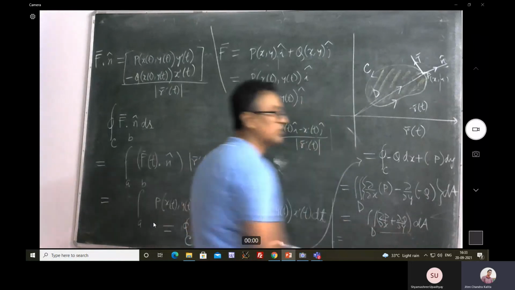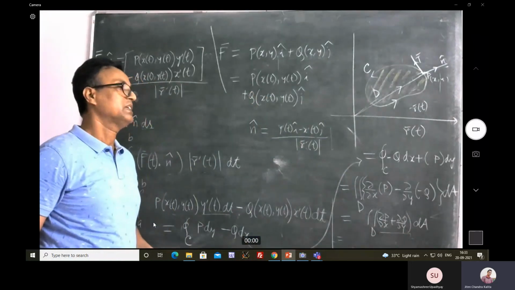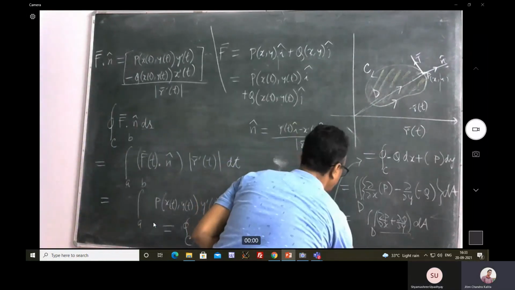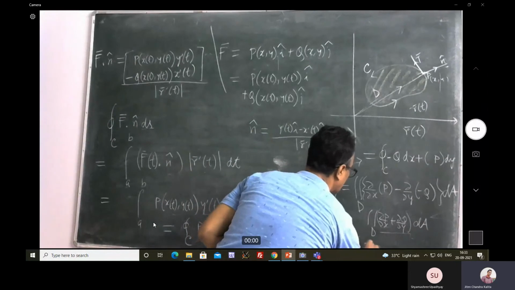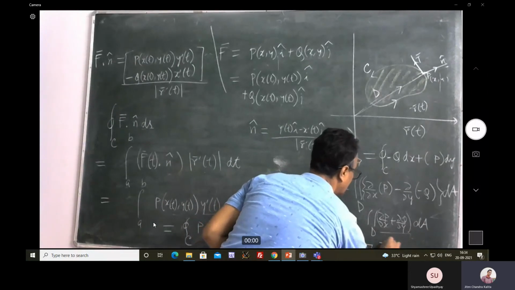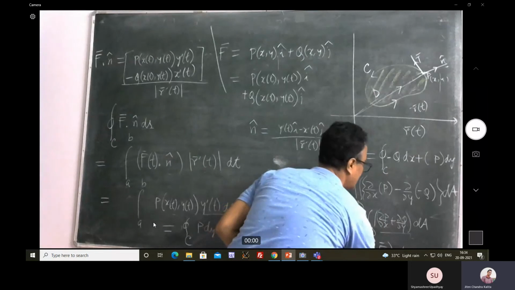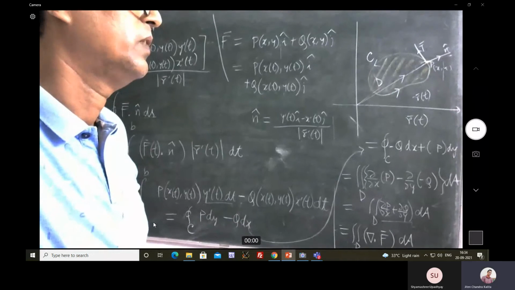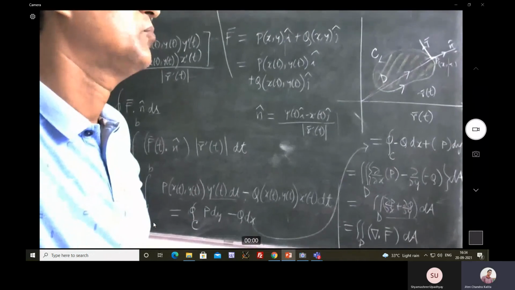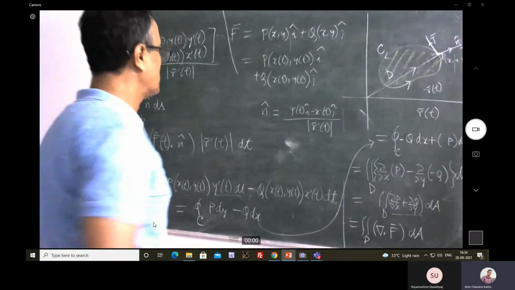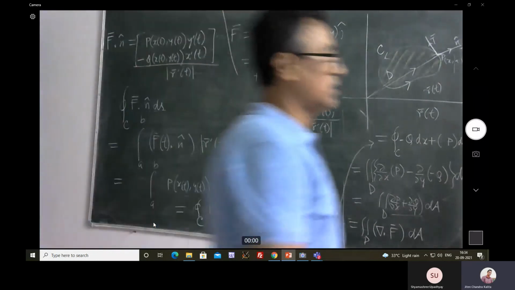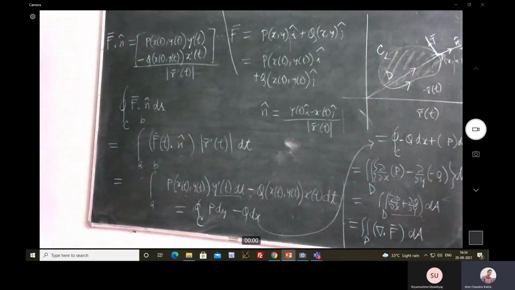And you know that this is nothing but the divergence of the function capital F, dA. So this is what it becomes. Okay, so this is about the vector form of Green's theorem.